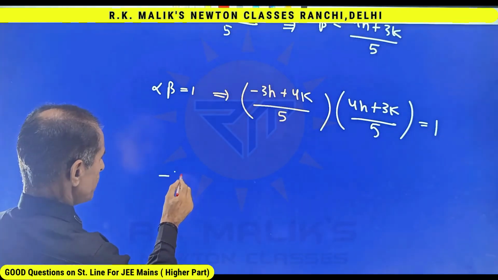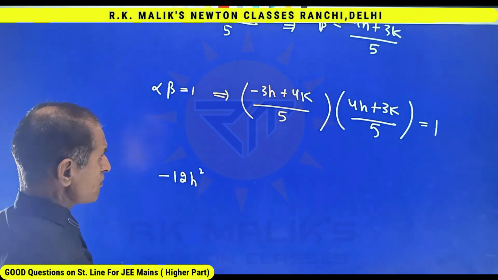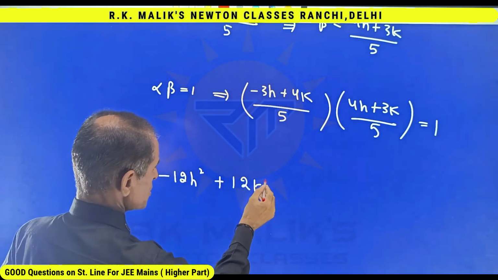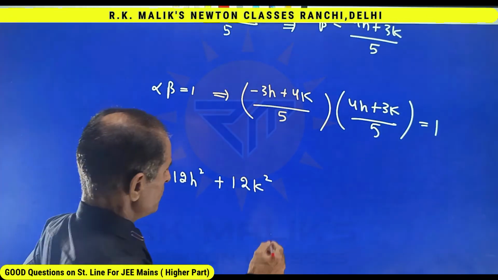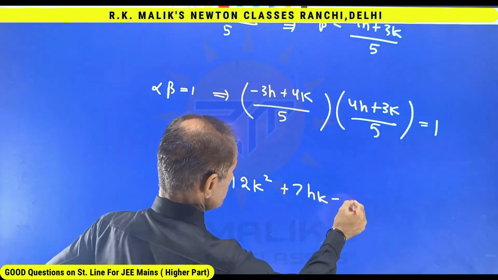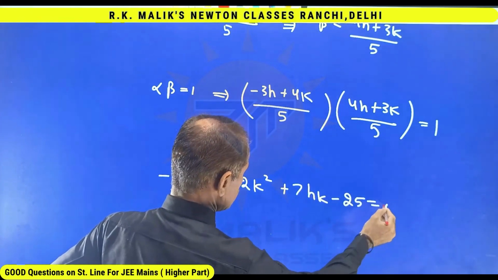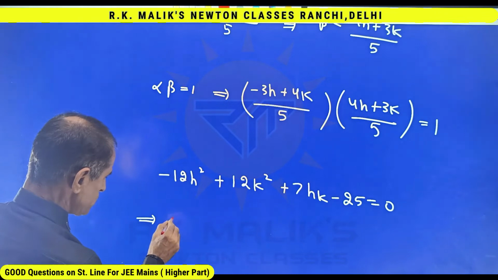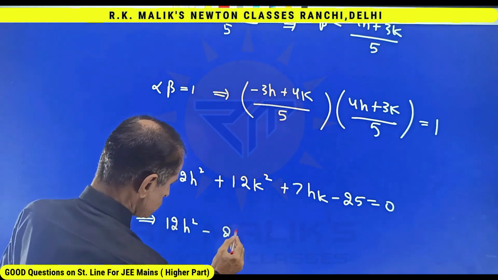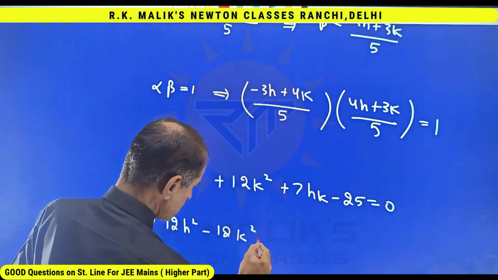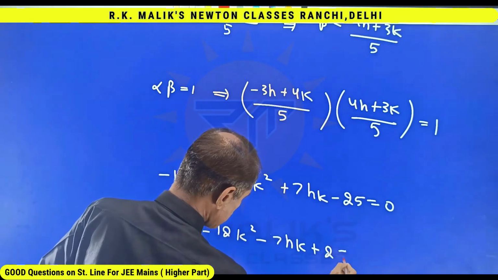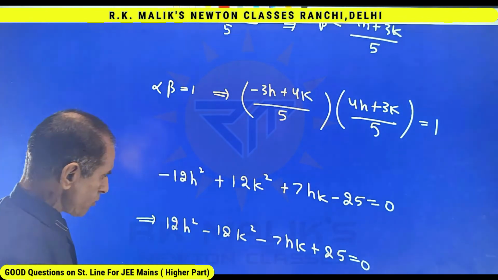That is minus 12h square plus 12k square plus 7hk minus 25 equal to 0, which means 12h square minus 12k square minus 7hk plus 25 equal to 0.